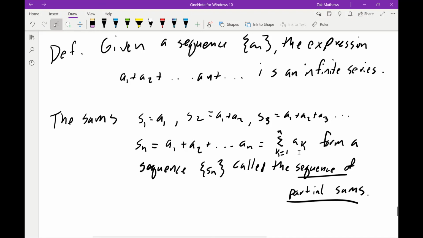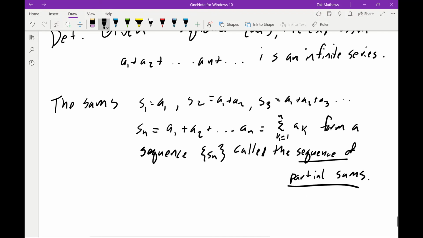We have a sequence of partial sums, the curly brackets Sn. So what we're doing is looking at those first partial sums to actually form a sequence so that we can better understand what is happening with our series. We understood sequences very well, we knew how to work with them, so by looking at the first terms of the series and turning that into a sequence, we can study the series.